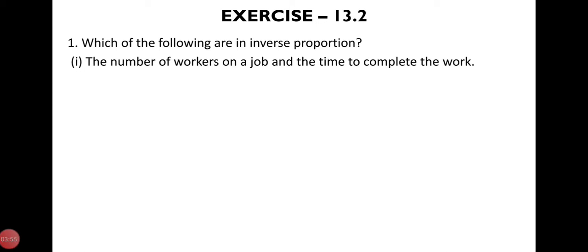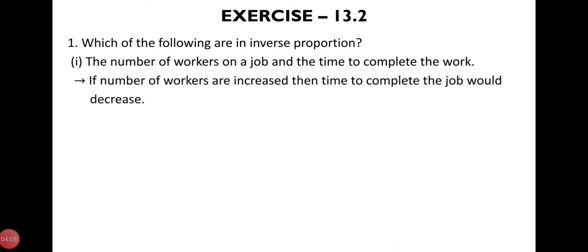We have seen that if there are more workers on the job, less time will be taken to complete the work. If the number of workers is increased, then the time to complete the job would decrease. Therefore, it is a case of inverse proportion.